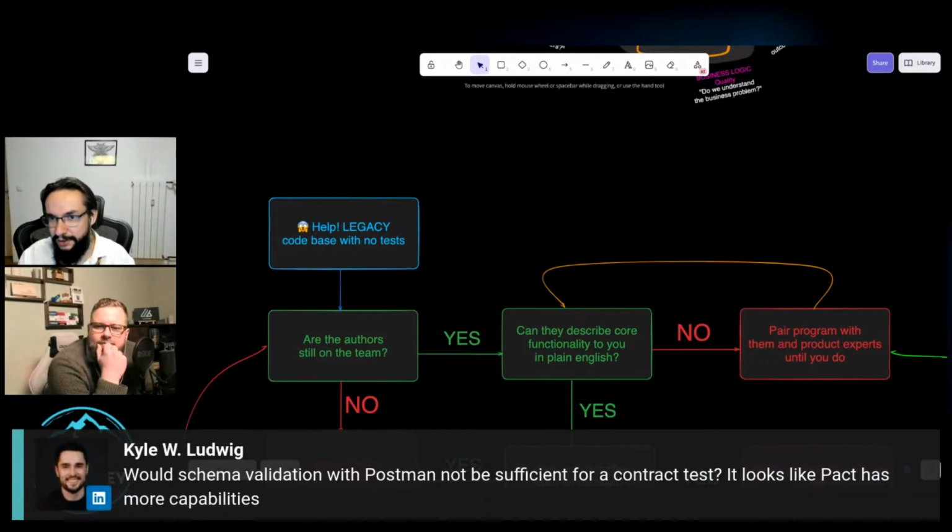Before we go in, Ludwig's comment: would schema validation with Postman not be sufficient for our contract test? It looks like Pact has more capabilities. Yes, it would, if the thing you are testing with the contract can be detected in the schema. If I'm telling you my top notifications have to return 3 items, and the second one has to be a friend request, it's possible you can't define that in the schema.